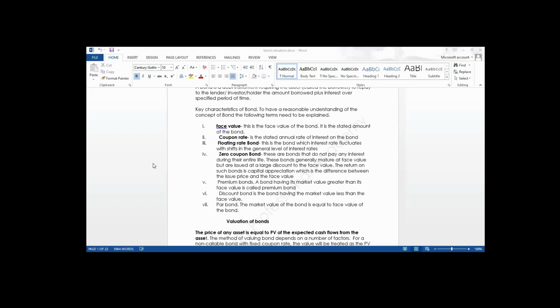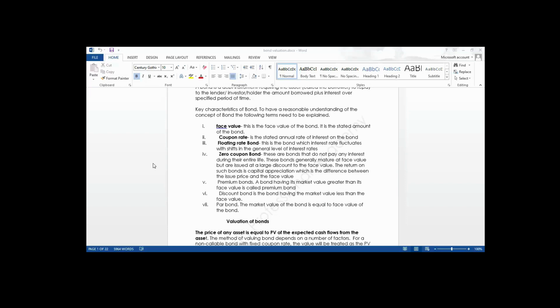Now, there are two ways to value convertible bond. First is valuation as a straight debt. We are doing a recap.